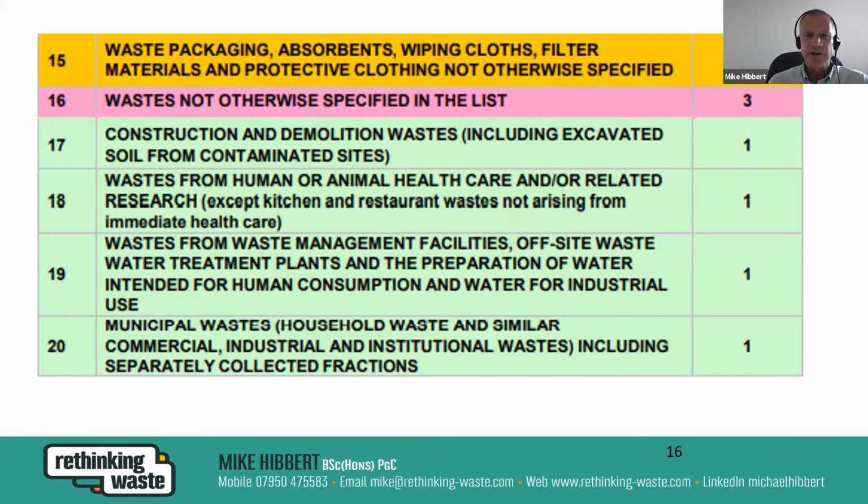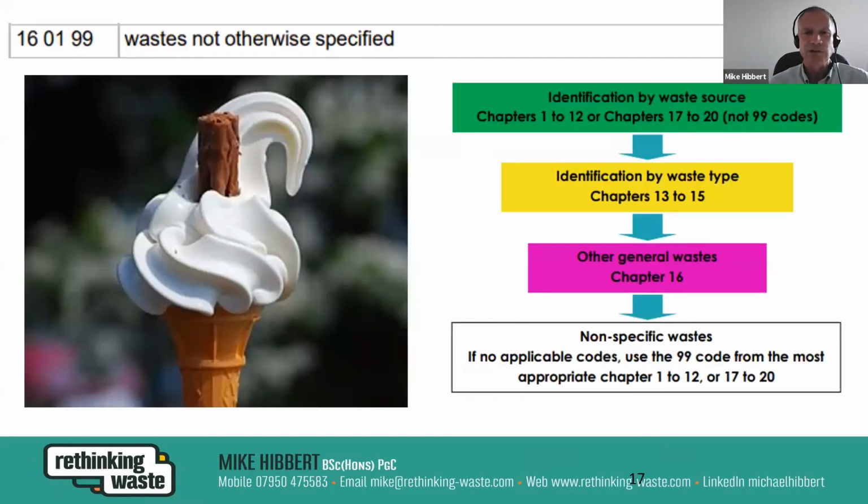If we can't find an appropriate code or description through that process, we then look at 13, 14, and 15. And if we can't find anything there, we'll go to chapter 16. If, having been through that process, we still can't find anything, then we actually need to go back to 1 to 12, 17 to 20, and possibly use 99 codes.